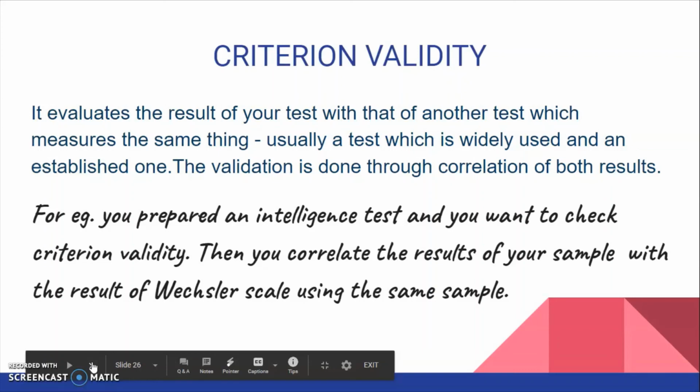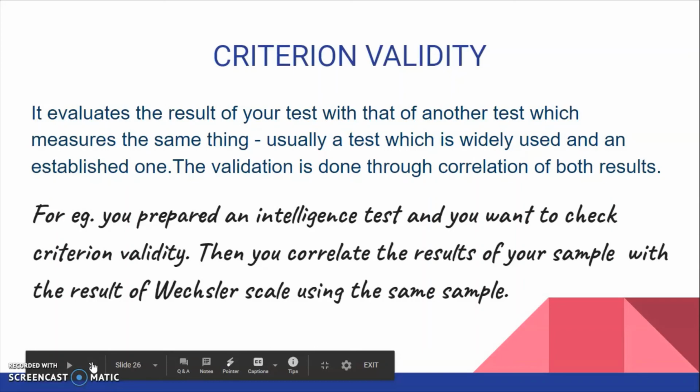So we administer our tool to the sample, and we also administer the established tool to the same sample, and then we see whether there is a correlation between them or no relation between them, and then we see whether there is a criterion validity or not.